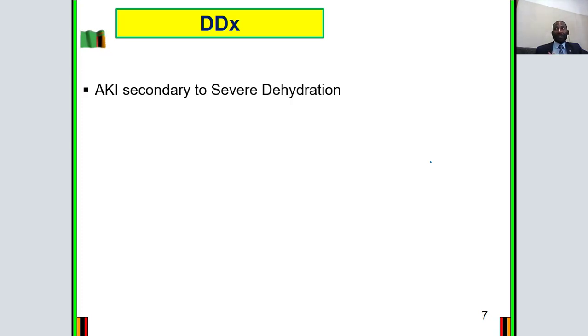So the solids being concentrated is causing concentration of toxicity, which is leading to an injury.